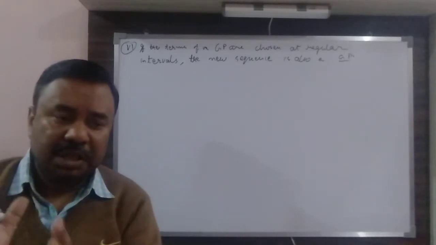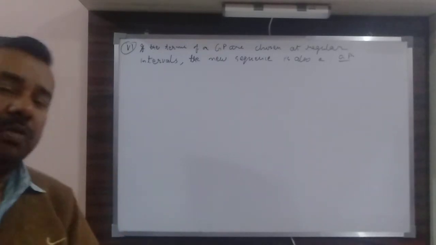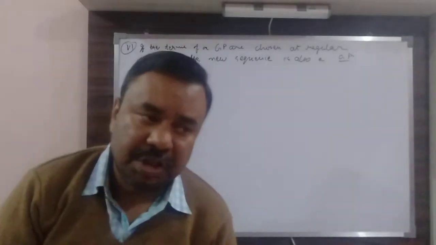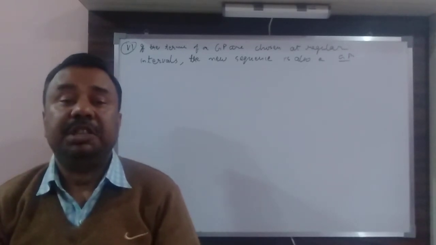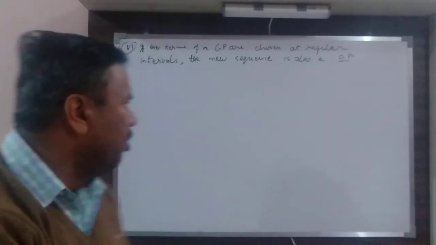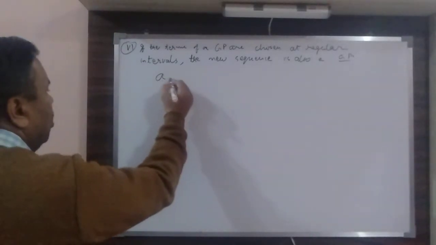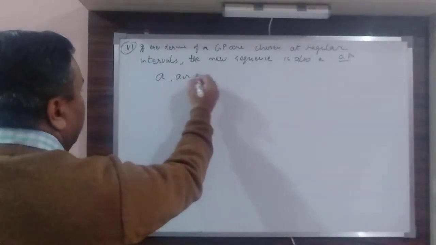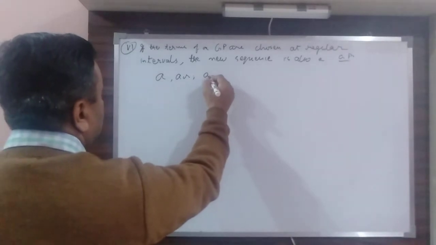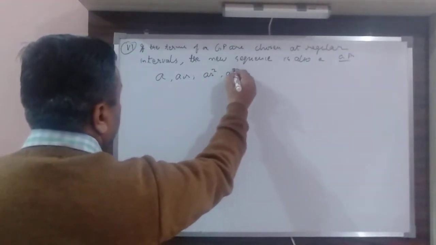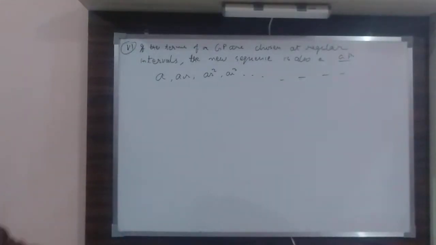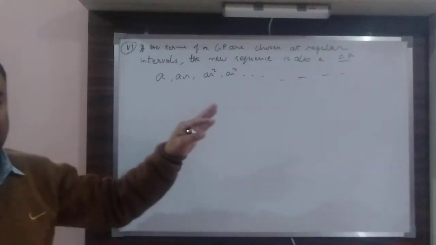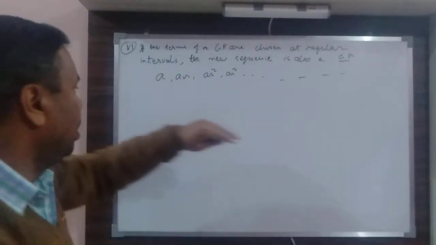Using this, you make another sequence, and whatever new sequence you get will also be a GP. See how it works. If your original GP is a, ar, ar square, ar cube, and like that you go on, maybe up to n terms, maybe up to infinity, whatever.